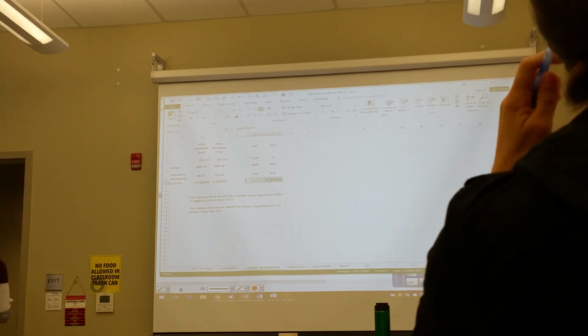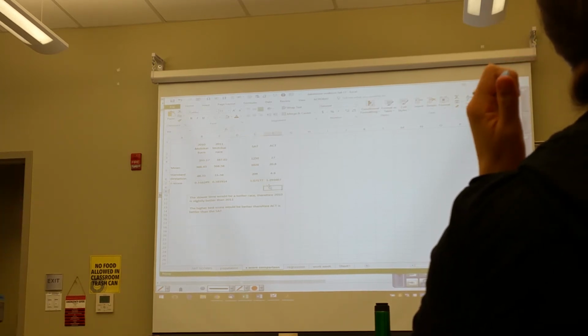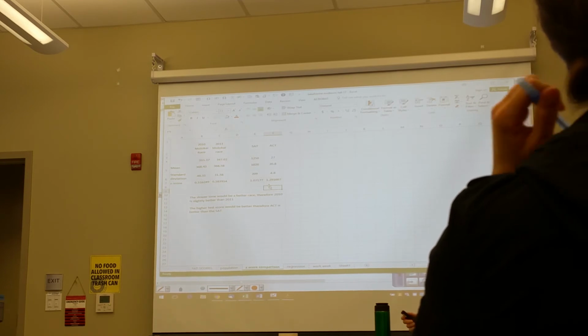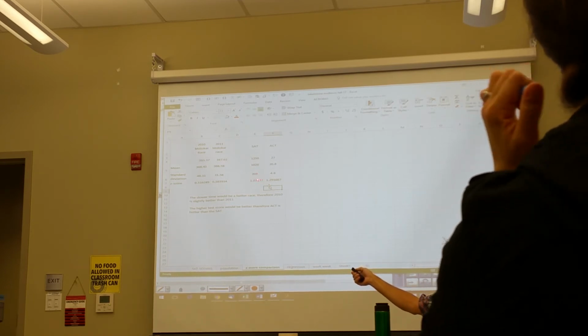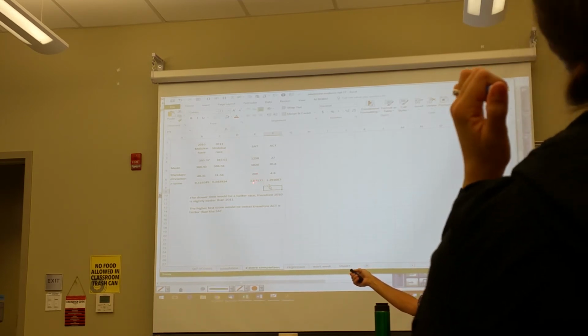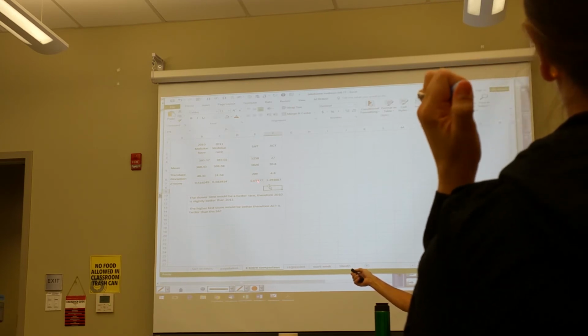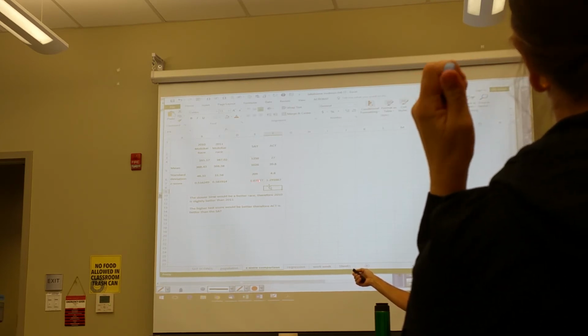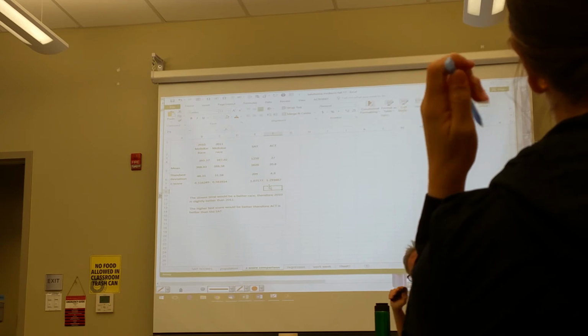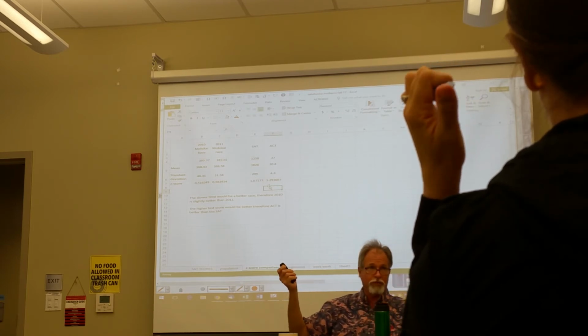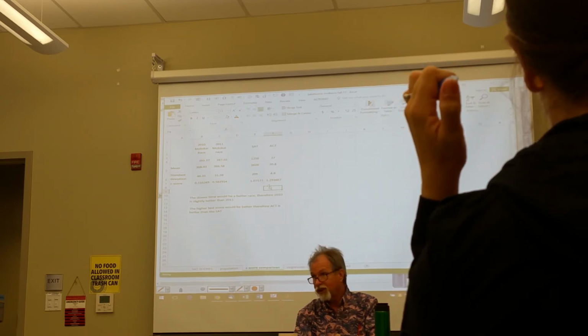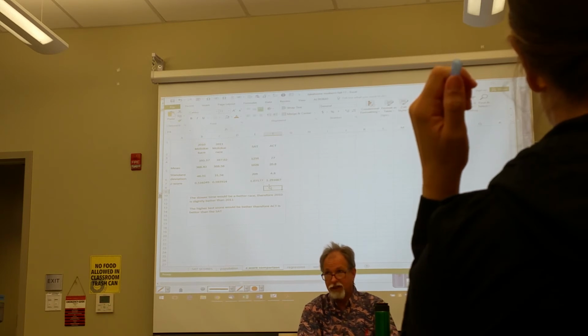So for the SAT and the Z-scores, right here is the standard score for the SAT, which is 1.07. The ACT is 1.29. So which one's better? The ACT. Why?